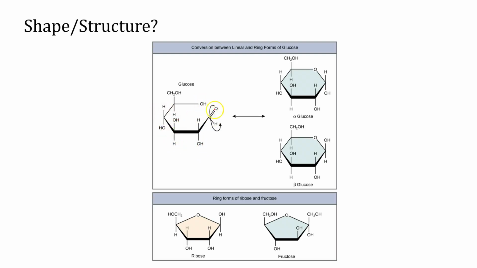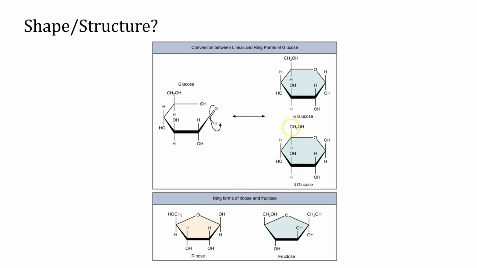You get the picture. What can happen is the aldehyde group on one end can combine with a hydroxyl on the other end to form a ring. Basically, you have oxygen tying together the head and the tail of the linear part of the molecule, and so now it's in a ring form, and these can convert between the two.